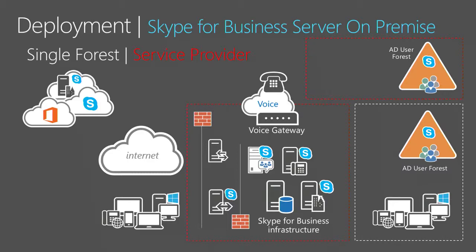There's one little gray area here. The service provider is in control of the forest, but it's the same Active Directory. So ideally, the danger they see is if my enterprise admins in this environment can go into that environment and start destructing the service, there's not much you can do.